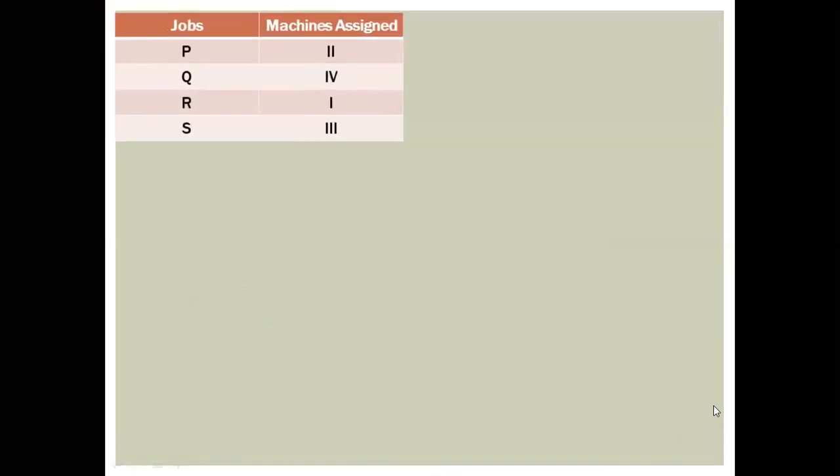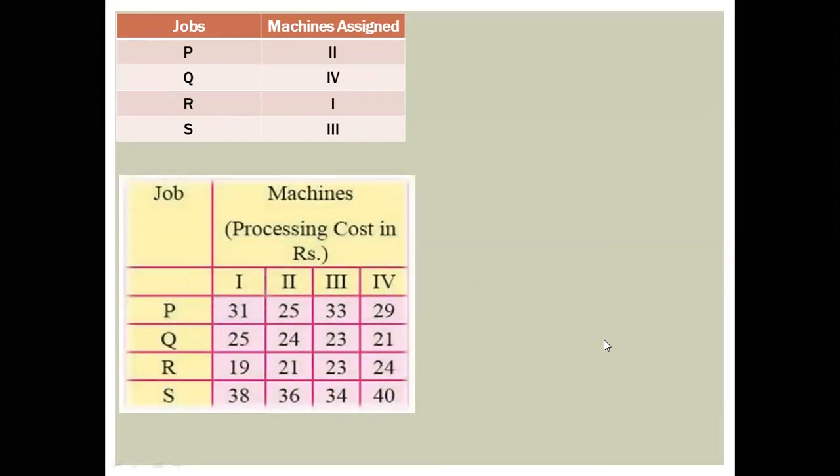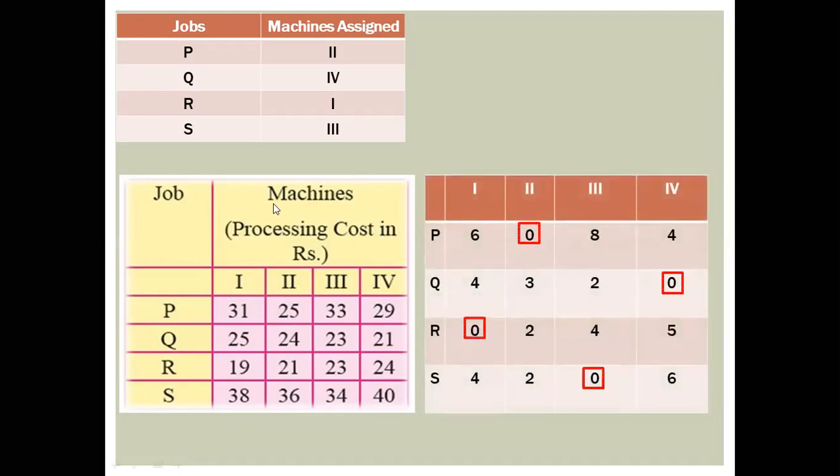So the final answer will look like this. The job was P was given machine 2, Q was given machine 4, R was given machine 1, and S the third machine. So how will you remove your objective function, that is minimizing the total cost? This was your original question. This is what you got the answer to be as.